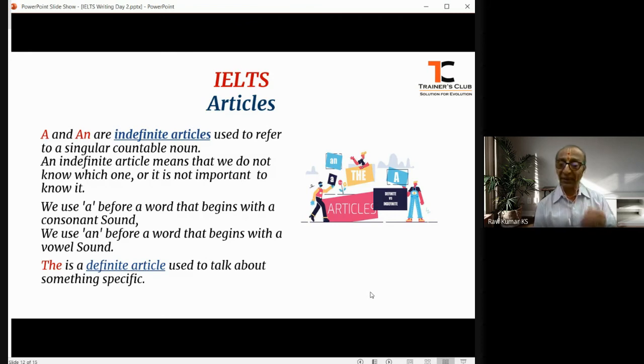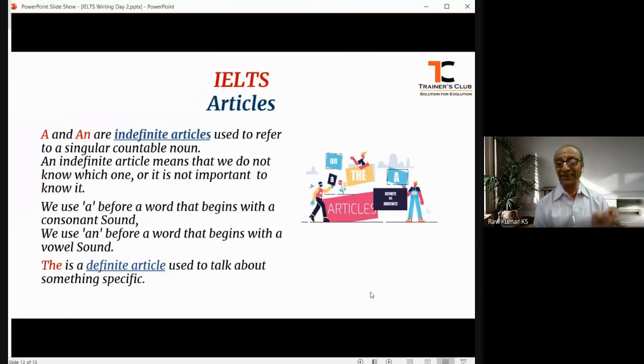At the same time, the must be used whenever you take the names of mountains, rivers, plateaus, all these things. Though they are proper nouns, you must use the definite article the.